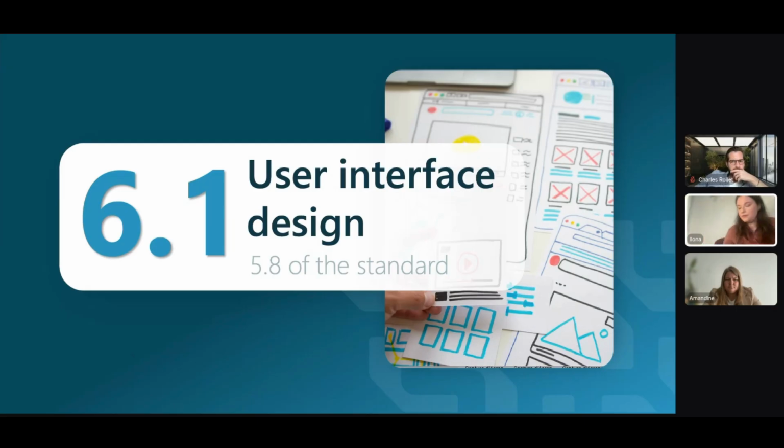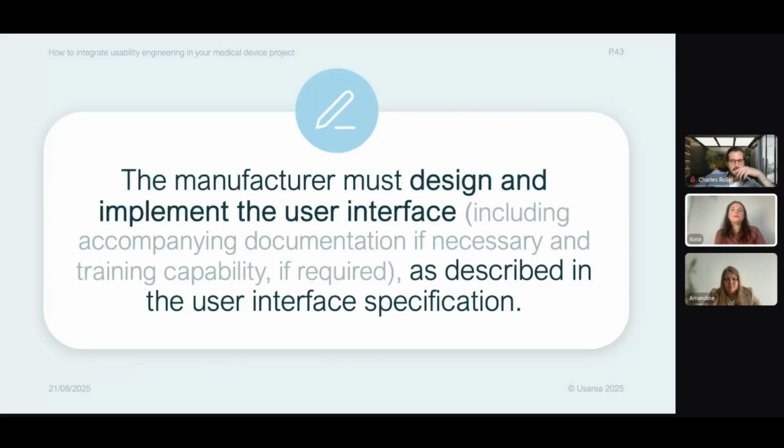And then you have the design step, so the user interface design. So the manufacturer must design and implement the user interface. Like we said earlier, it includes the accompanying documents, also the training, the labeling, and the packaging, as described in the user interface specification.